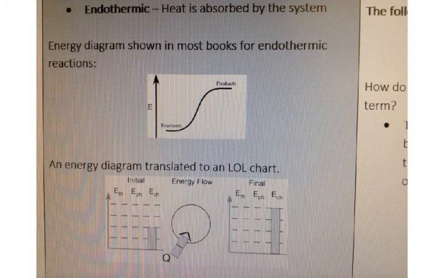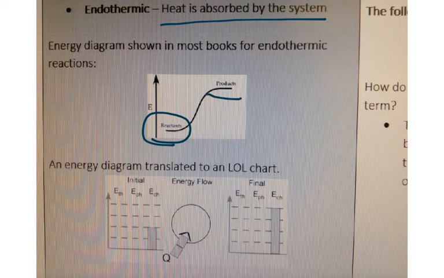All right, endothermic reactions, on the other hand, are where heat is absorbed by the system. So what would end up happening is that the surroundings actually feel colder. Now, if I were to look at any energy diagram in a book, the energy in the reactants would be less than that of the products for an endothermic reaction.